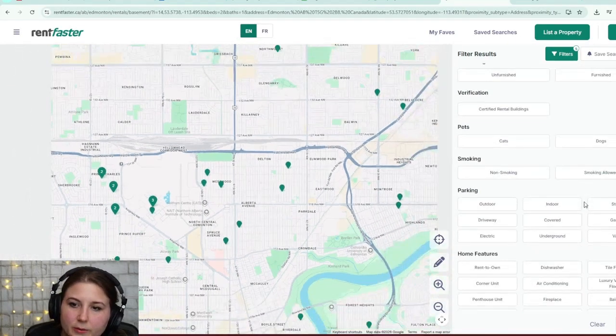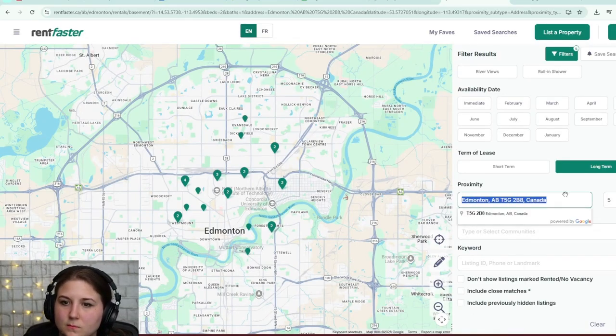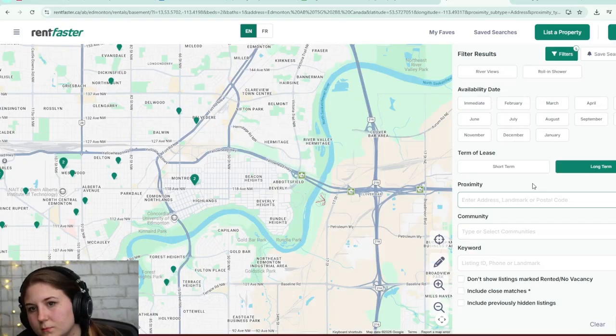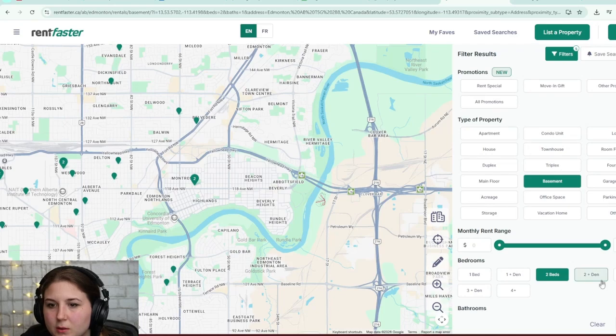Just make sure we got 2 bed, 1 bath basements.